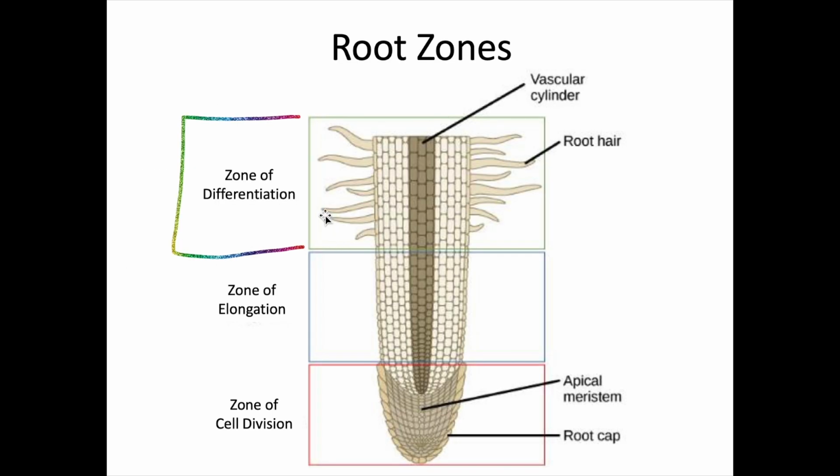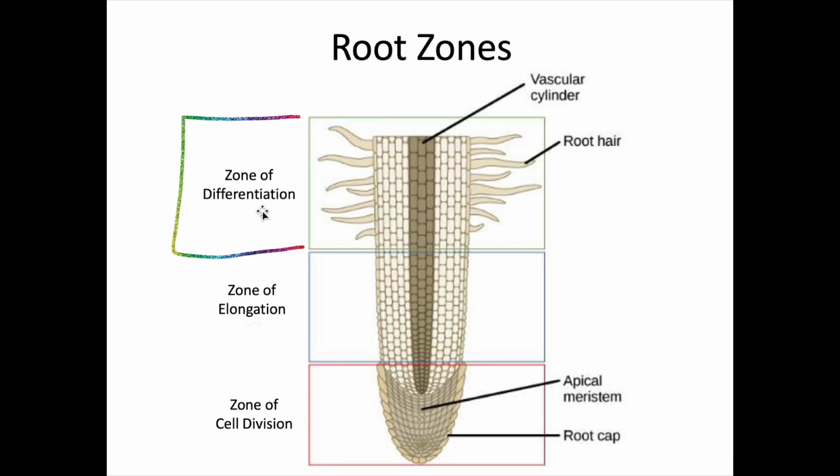And then closest to the top is what's called the zone of differentiation. When a cell is created by an apical meristem cell dividing, that cell is kind of a blank cell. It could be anything, but as it grows, matures, and elongates, it's going to make some decisions about what it's going to be when it grows up.